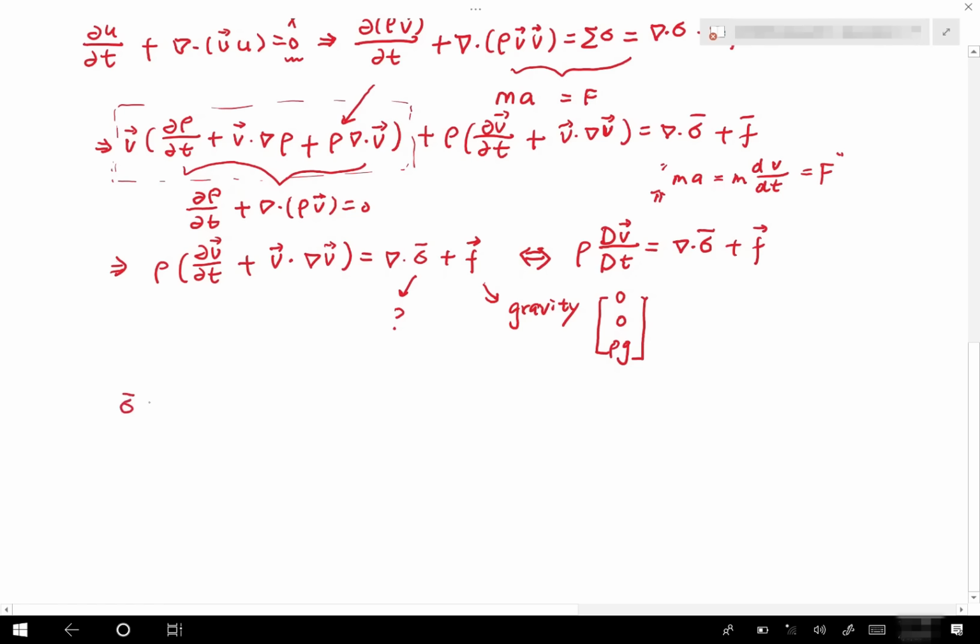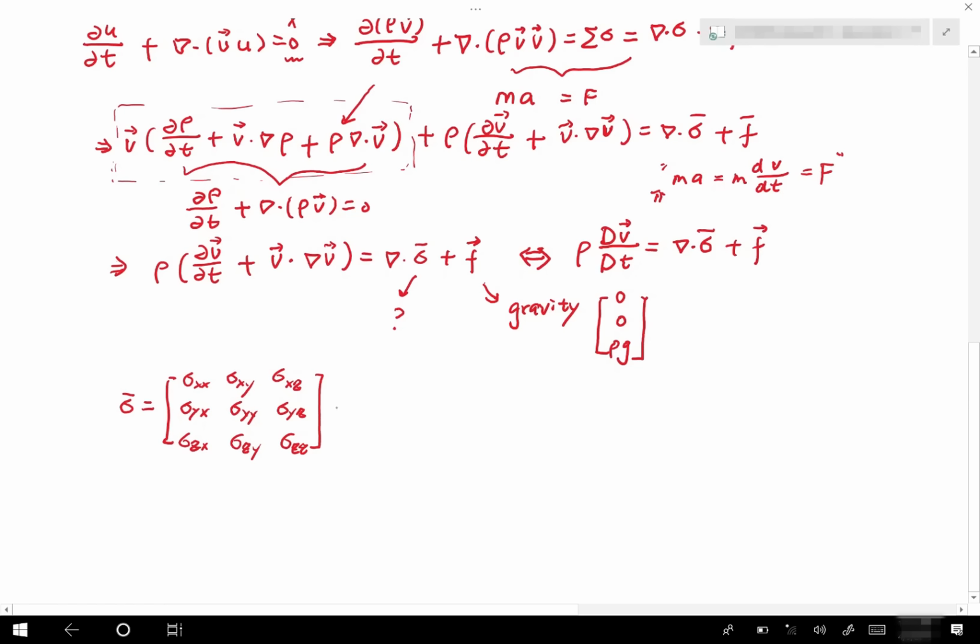Again, sigma, a second order tensor, has the same shape: sigma xx, sigma xy, sigma xz, sigma yx, sigma yy, sigma yz, sigma zx, sigma zy, and sigma zz.